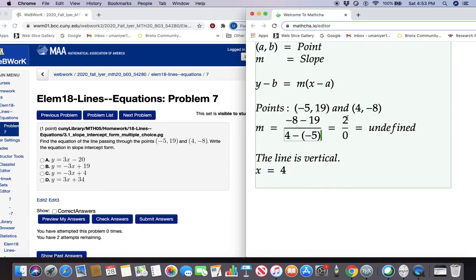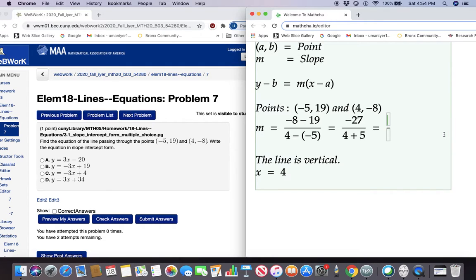So that is negative 27 divided by 4 plus 5, which is equal to the fraction negative 27 over 9, which is negative 3. Slope is negative 3.